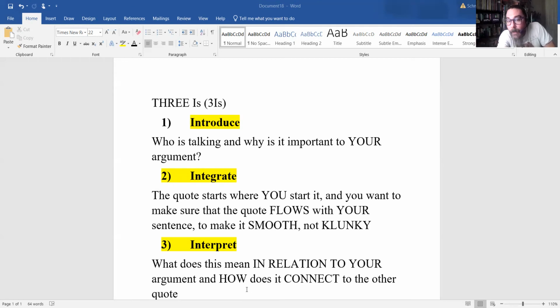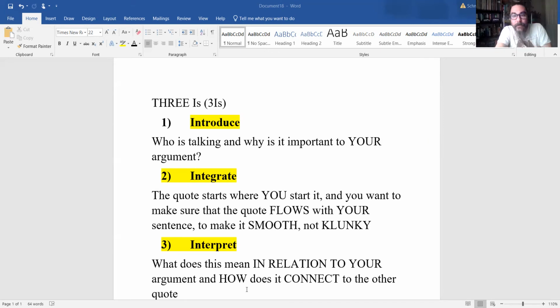And if you notice how this quote works, it's not the beginning of the actual sentence itself. It's somewhere in the middle. That's why it's not capitalized. It fits the flow of the sentence. Now, you might be asking yourself, what's up with this weird ellipses in the brackets?